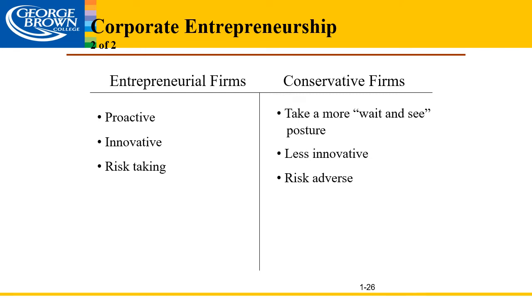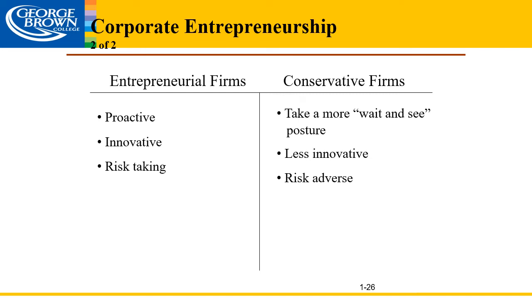On the other hand, entrepreneurial firms are more along the lines of what's called contingency theory in organizational science. It's the idea that businesses, in order to be successful and sustainable long term, need to be really fluid. They need to be proactive and innovative and more risky in order to bend and adapt to their environment.